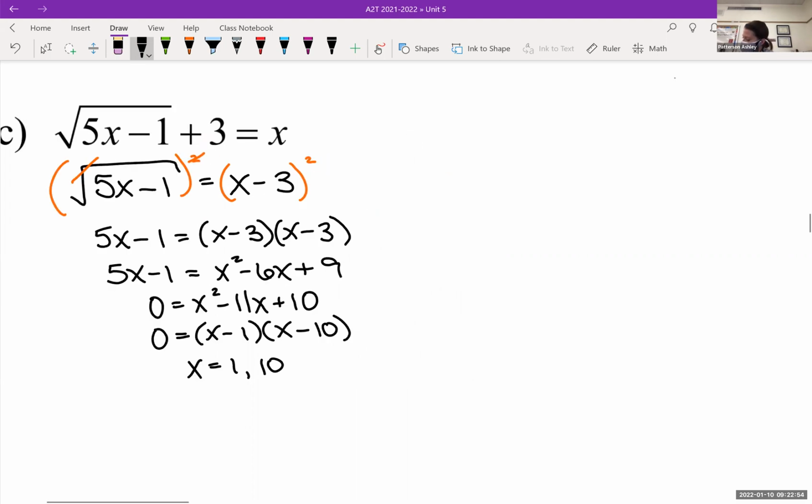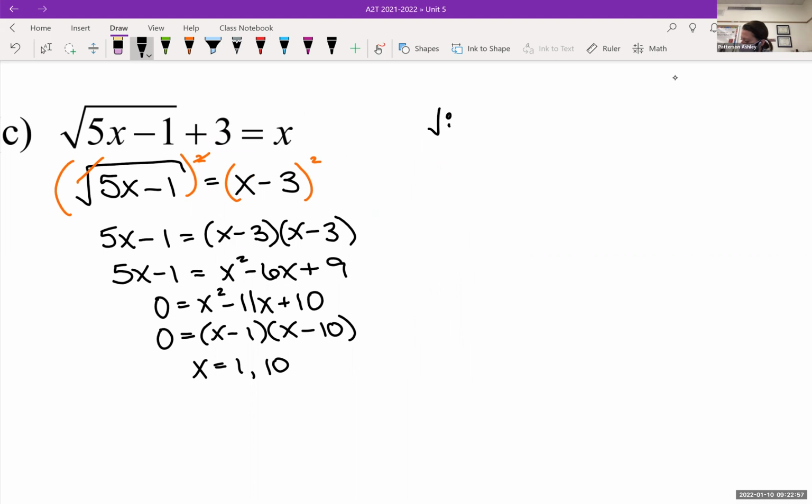All right, so I'll do the first one with you. In checking, I'm just going to take the positive 1 and substitute it in for all x's in the original. All right, well, 5 times 1 is 5. And then if we subtract 1, what do we get? 4, okay.